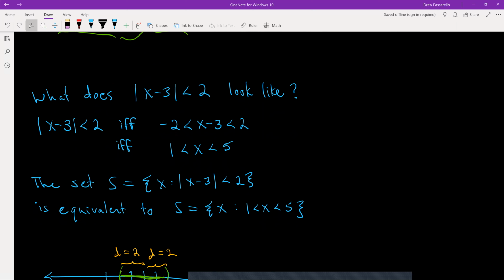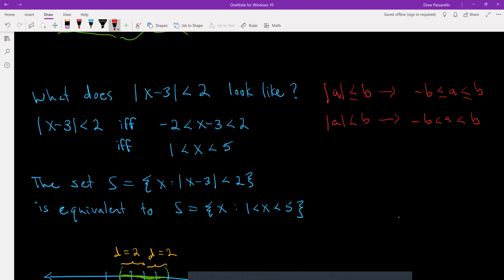Well, I can use what we know from the previous video as far as properties, where we know that the absolute value of A less than or equal to B means you have negative B less than or equal to A less than or equal to B. So just getting rid of the equal to, A less than B, that's negative B less than A less than B. So that's a property that we should already know at this point.